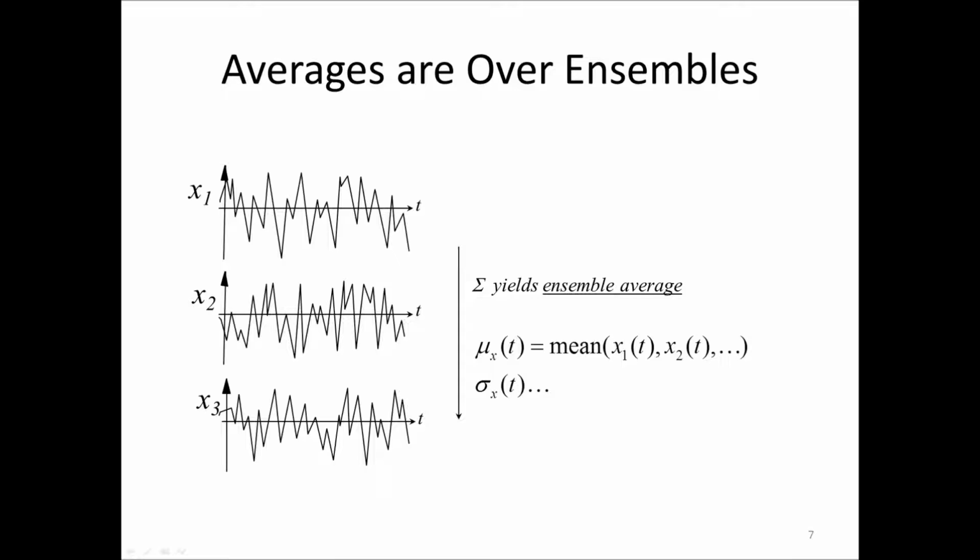Now, it's very important to realize that an average in stochastic process theory is thought of as an ensemble average. Thus, it's dependent on time. So the mean of the signal, which we indicate mu x of t, is the mean of the realizations x1, x2, etc. at time t.